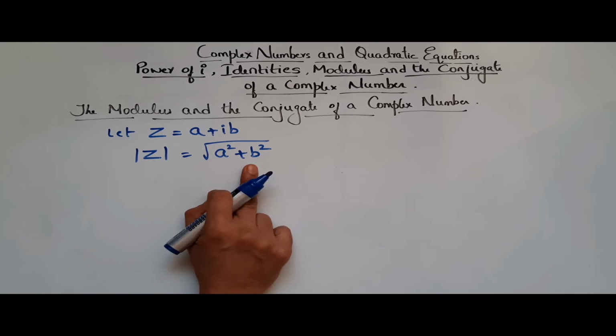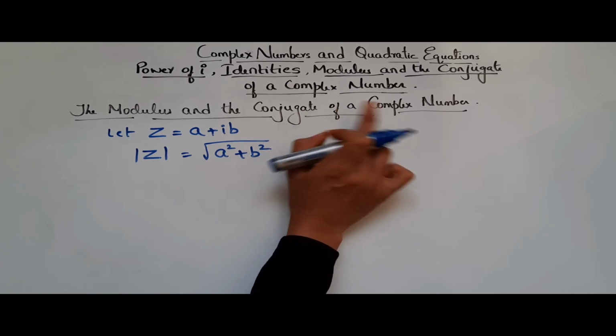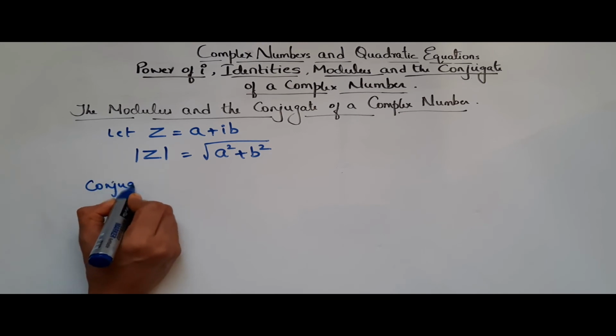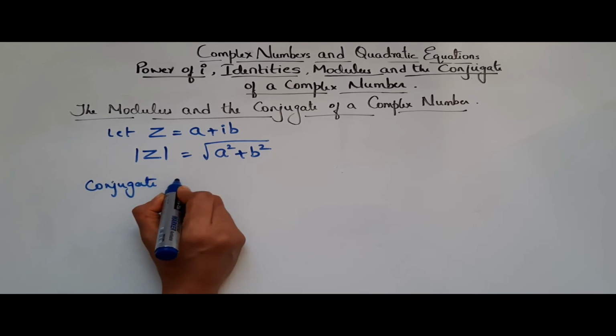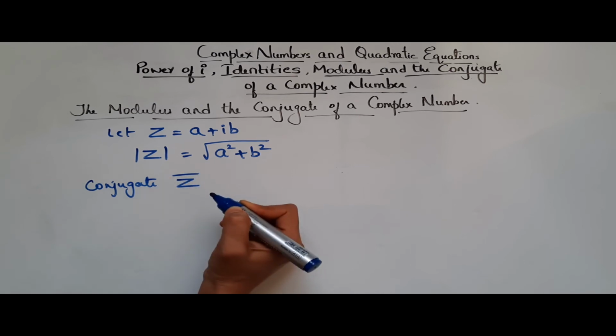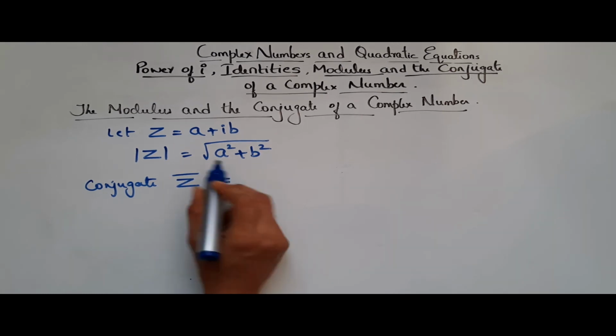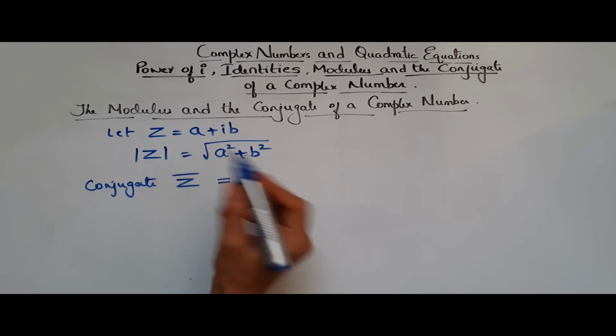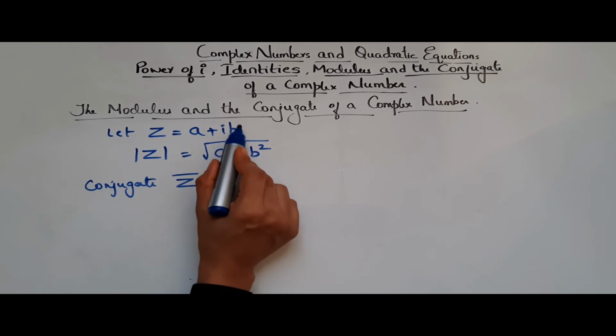Now let's see the second part, the conjugate of a complex number. The conjugate is denoted by z bar, where z here is a + ib. What is the conjugate of z? a - ib. That is changing the sign of the imaginary part.